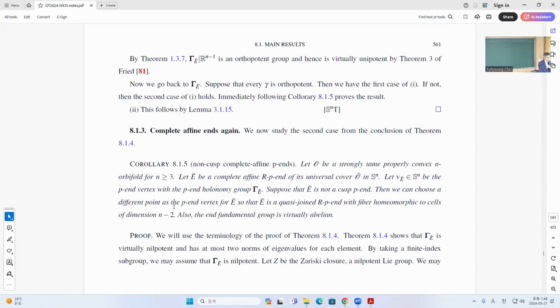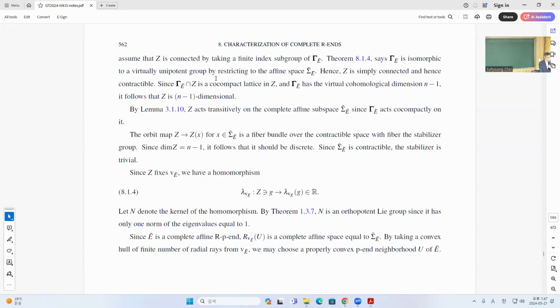Then we can choose a different point, so that it is a quasi-join with RP^n with fiber homology up to cells of dimension n-2, virtually abelian. So basically we are in the case when you have only 2 norms of eigenvalues, and it is also nilpotent, so you can take the Zariski closure, which is a nilpotent Lie group, and you can also assume it's connected and so on, and it's actually simply connected.